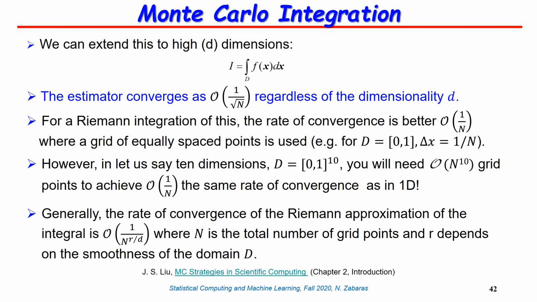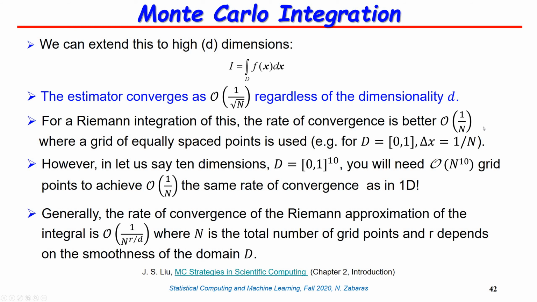Now, if you try to compute this integral by deterministic methods, for example in one dimension, you will need to discretize the interval 0 to 1 in increments of delta x that are 1 over n, so we can have the same grid of points as for Monte Carlo. And the convergence is of the order of 1 over n.